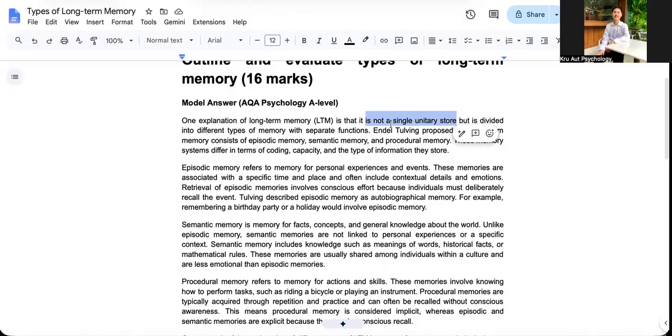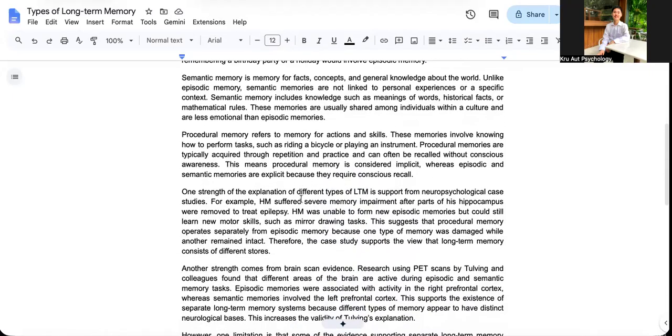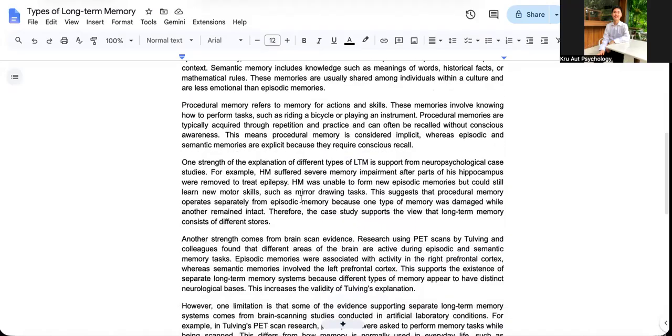The idea of not being a single unitary store doesn't mean that they're related to each other. No, they're different. Some might find this confusing, but just understand that they're separate from each other. It doesn't have anything to do with being a single or not a single unitary store. They're just separate from each other. So it's not about declarative, non-declarative anymore.